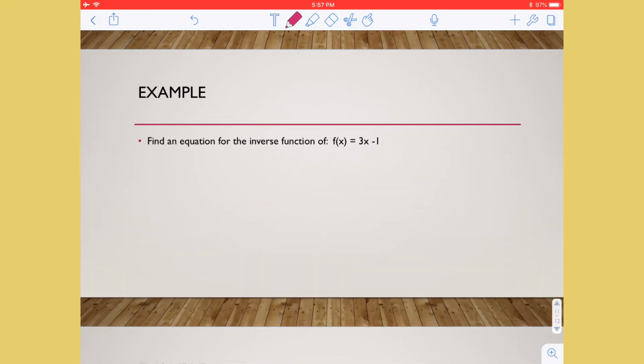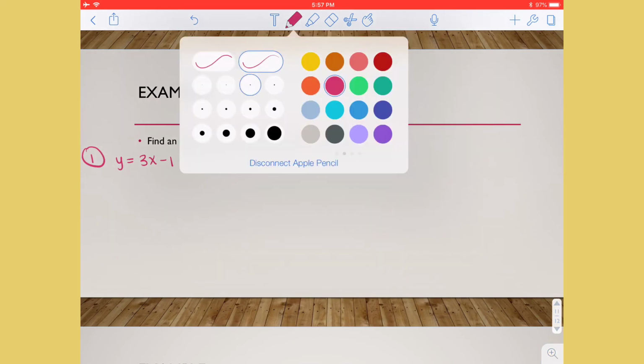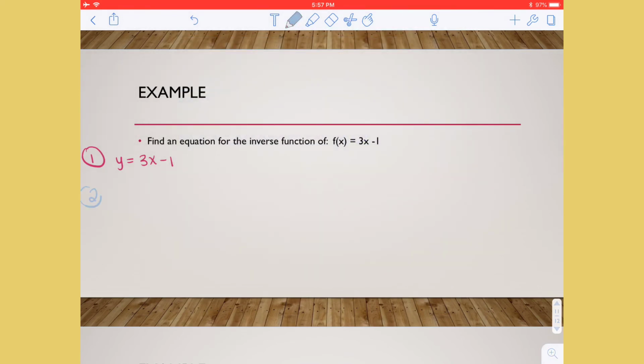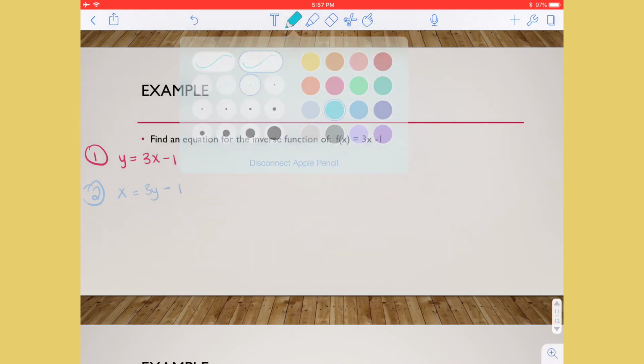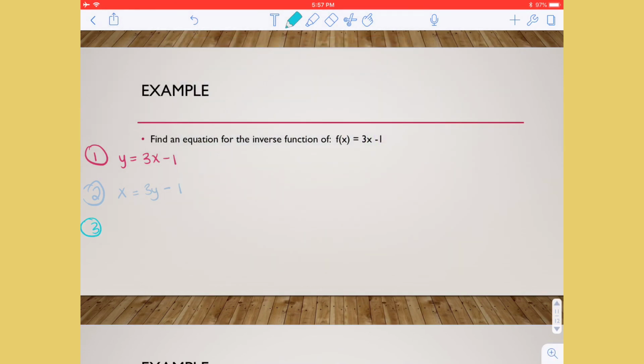So for example, find an equation for the inverse function of f of x equals 3x minus 1. So step 1 says to replace f of x with y, so y equals 3x minus 1. Step 2 says make every y into an x and every x into a y. Step 3 says go ahead and solve for y.